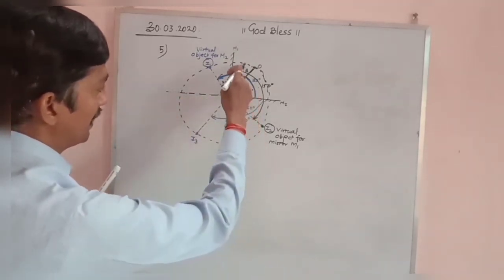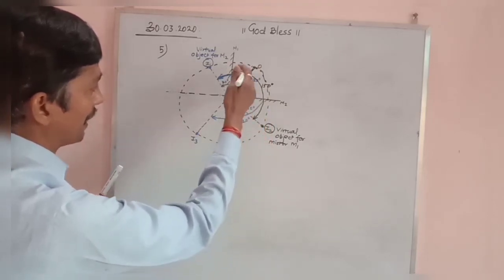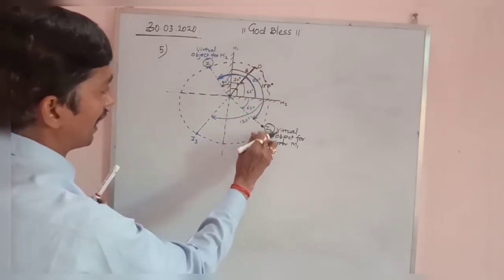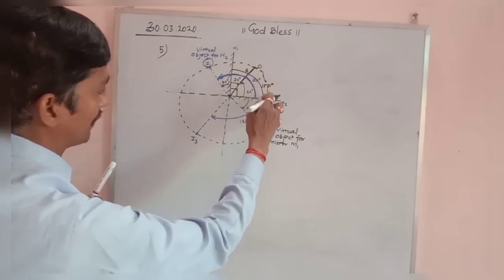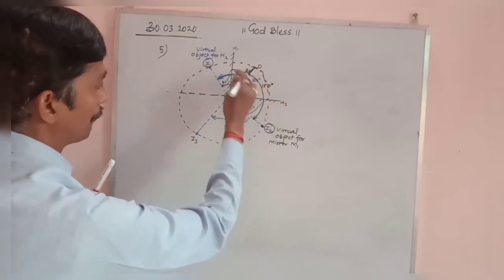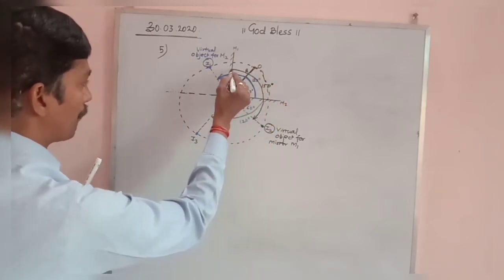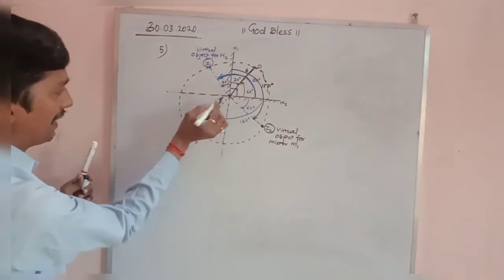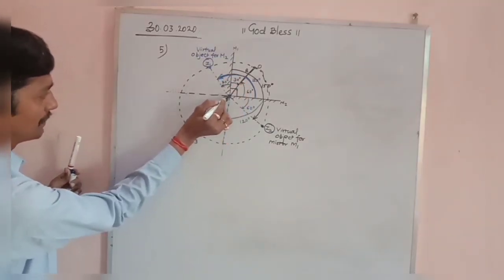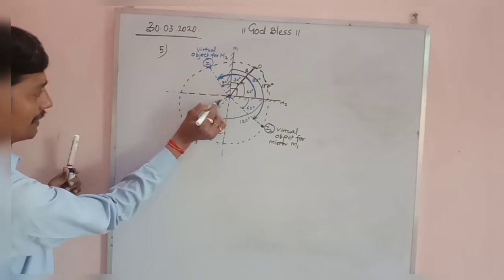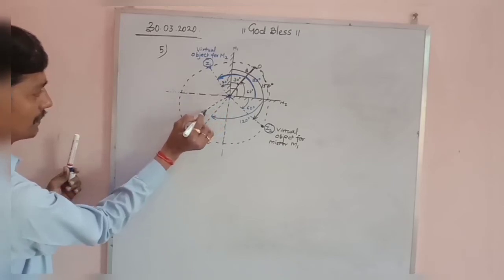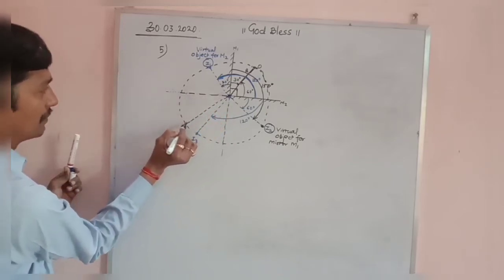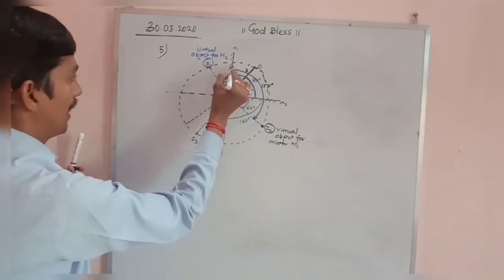I want the image at 150 degree because the object is at 150 degree from M1. So it will form the image. This is 90. Like this is the 150 degree of mirror M1.